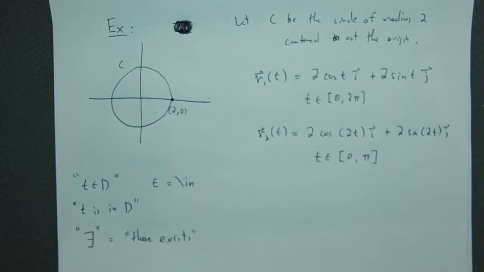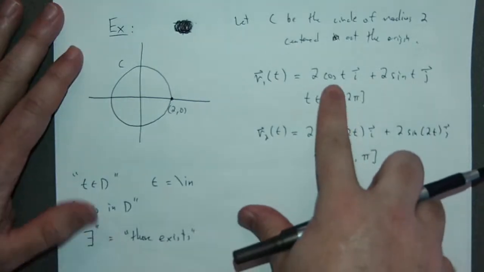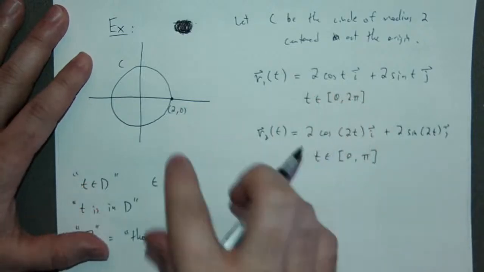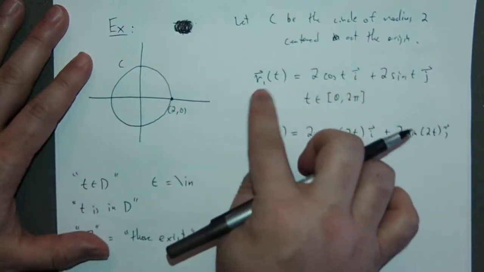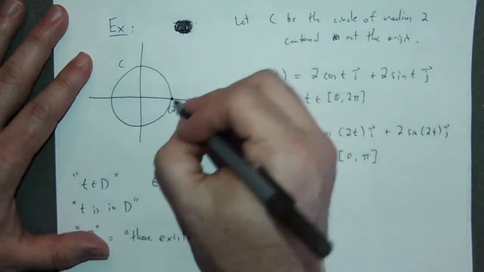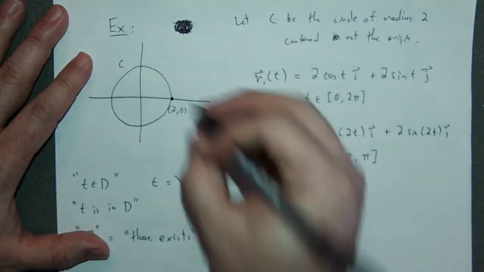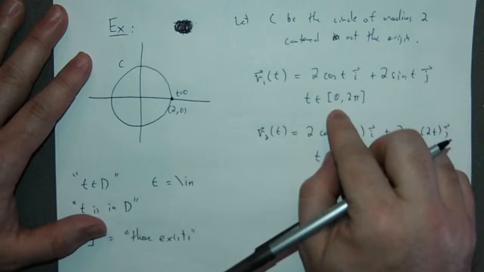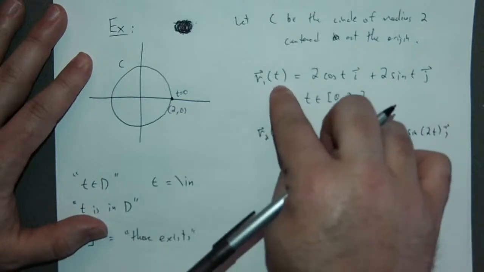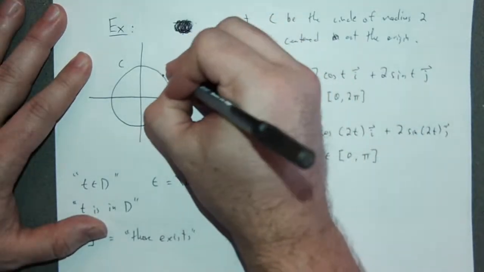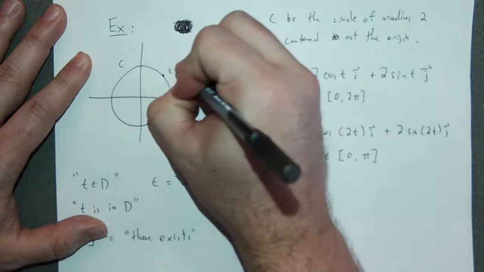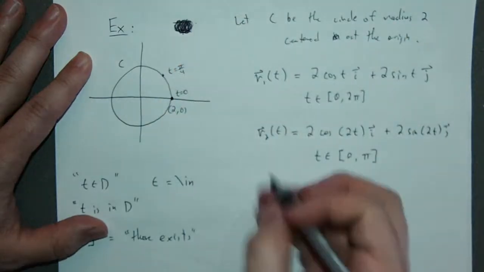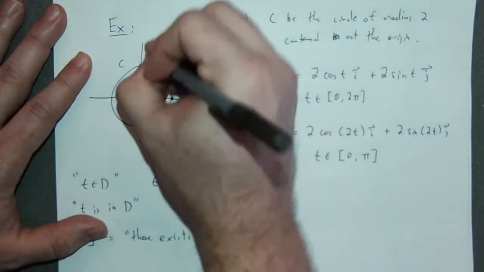Okay, so if I actually started plotting points, here I'm going to do this for R1 first. So for R1, when t is equal to 0, I'm here. So here's t equals 0. Okay, when t is equal to pi over 4, where am I for this parameterization? Well, I'm here. Okay, and when t is equal to pi over 2, of course, I'm here.